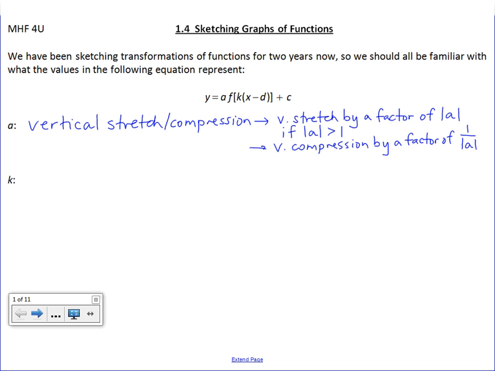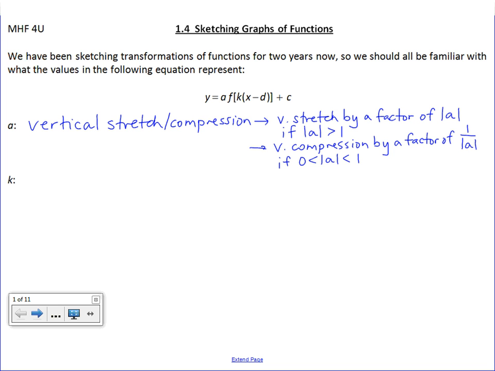Okay, vertical compression by a factor of 1 over the absolute value of A if 0 is less than the absolute value of A is less than 1. So what this is saying is, if you get an A value that's a half, a third, a quarter, 3/4, a number between 0 and 1, when you state the compression, you're going to state the reciprocal of that. So this is the way, and I think it's logical.